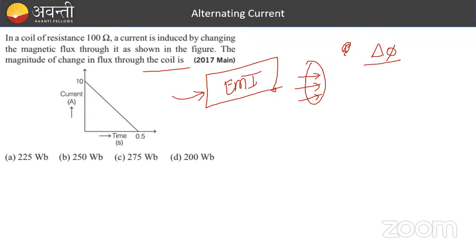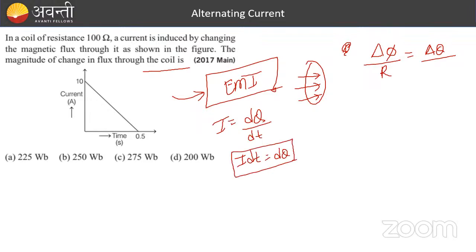Delta phi by R, where R is the resistance, is equal to delta Q. Charge flowing through the circuit will be equal to change in flux divided by resistance. So we need to find the change in flux, resistance is given, and the I versus T graph is given. I equals dq by dt, so I dt will become equal to dq, the charge flowing.